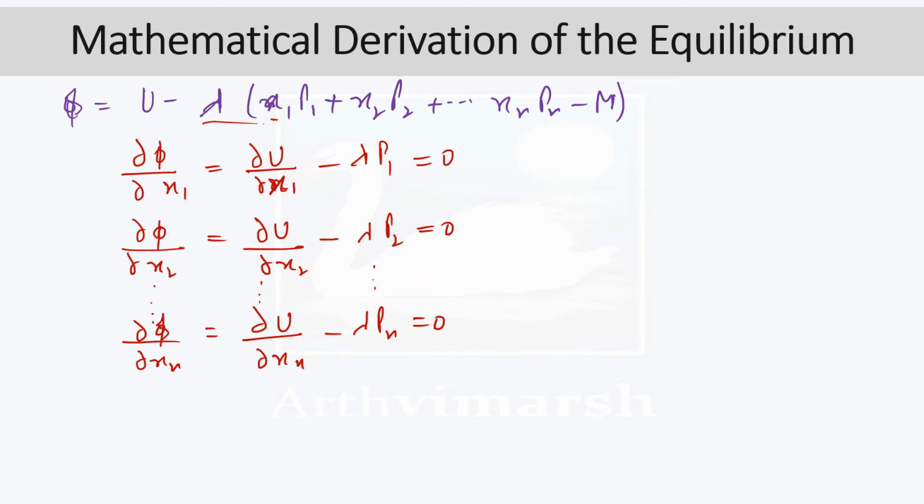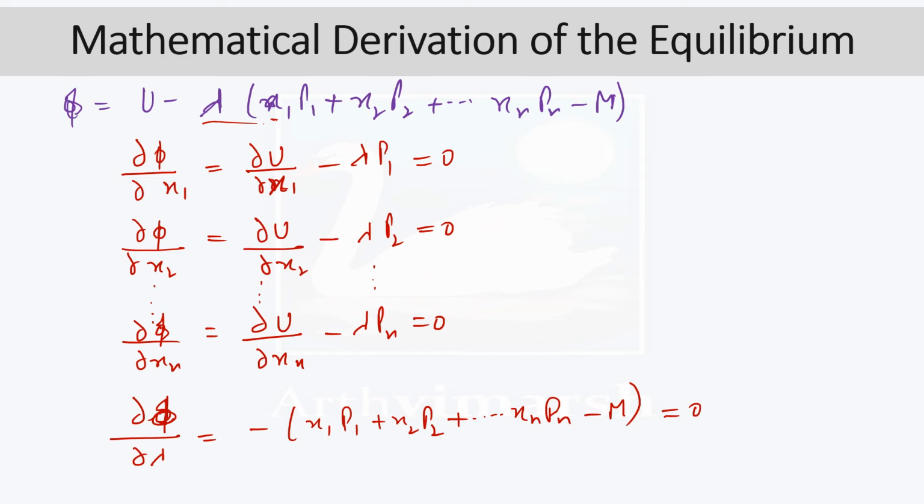Now, differentiating the composite function del phi with respect to del lambda, it will give us minus of the entire constraint function, x1 p1 plus x2 p2 plus, and so on up to xn pn, minus m. And this will again be equal to 0, the basic rule of differentiation.